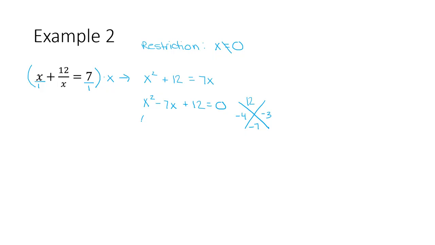So we have x minus 4, x minus 3. If x minus 4 equals 0, x equals positive 4. If x minus 3 equals 0, x equals positive 3. Neither of those are my restriction, so both of those are solutions.